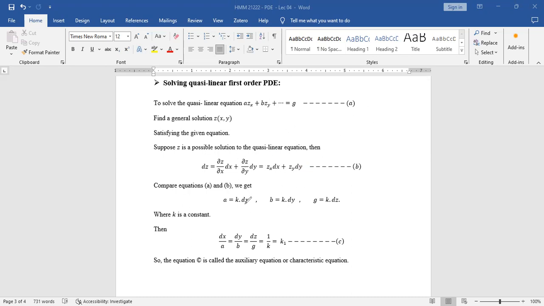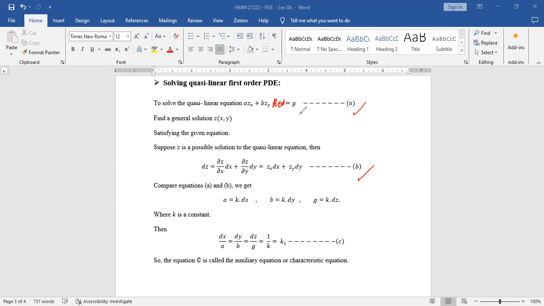No need to hurry to write all the other things. Whatever I'm explaining, you write where we are, and see what I'm explaining. So we have written our A, that is our quasi-linear general equation, as well as our B. Here I think I can stop. No need to put this one, because we are only considering x and y.